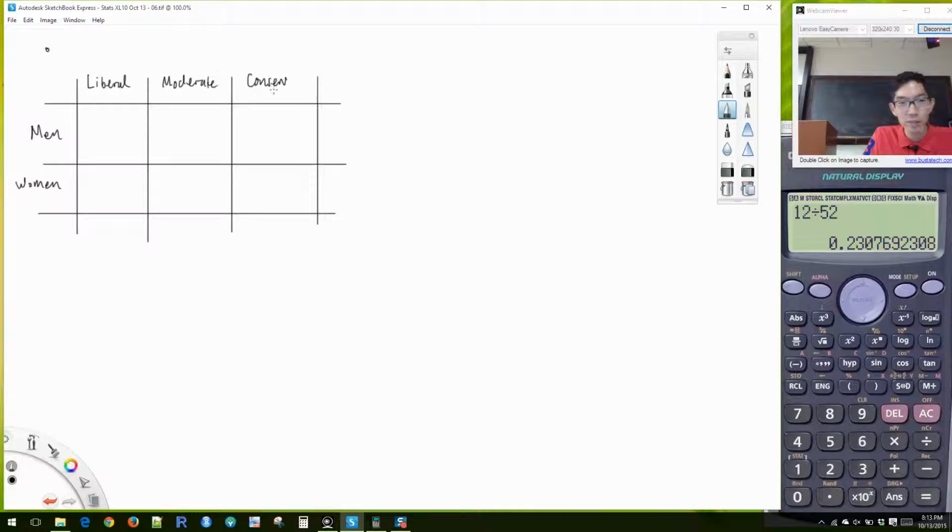So liberal, moderate, or conservative. We just ask you, if you had to pick one of these 3 to identify yourself, which do you pick? We're not going to ask how you voted, or how you feel about this topic. We just say, please self-identify. People might have different definitions, but if someone says I'm a liberal, we say you're a liberal. If they say moderate, okay, you're moderate. If they say conservative, okay, sounds good.